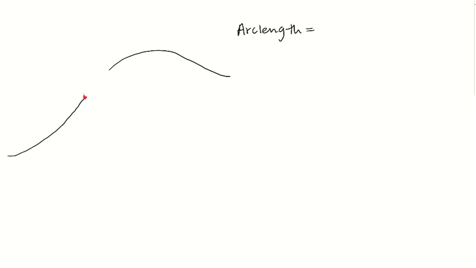So what I'm going to do is talk about a small piece of the arc length, and then we're going to add them all up, because it all goes back to the idea of the Riemann sum. We're going to figure out the length of this piece, and then add up a bunch of these as x runs from a to b. So I'm going to look closely at this.